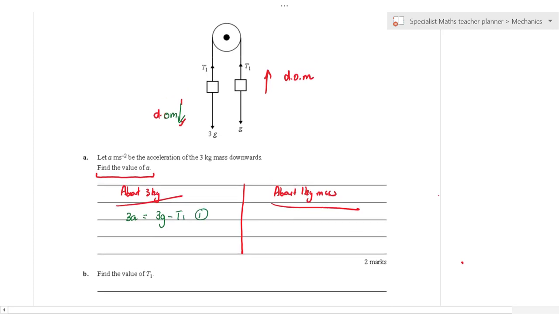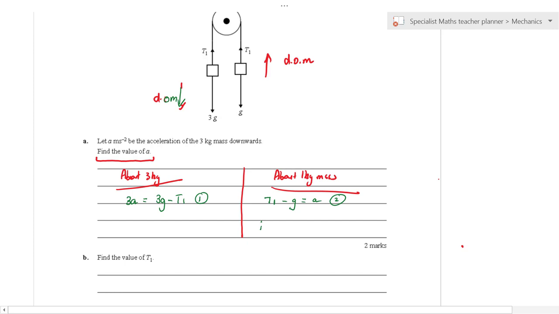And about the 1 kilogram mass, we've got the direction of motion is positive. T1 is going to be positive. And we've got minus g is equal to a, equation 2. We're going to get equation 1 plus equation 2.